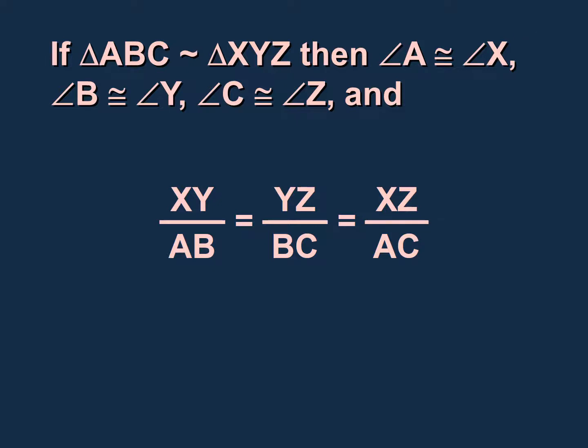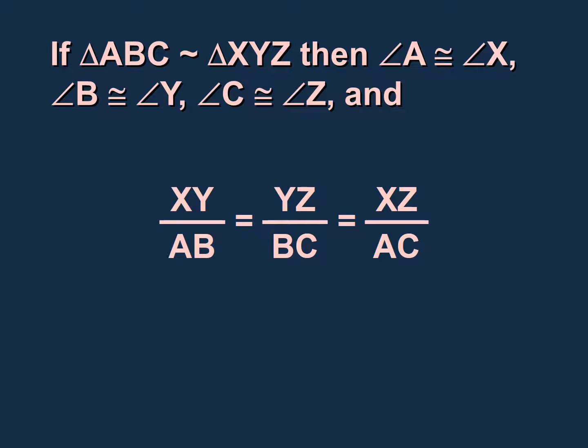So A has to be congruent to X, B has to be congruent to Y, and C has to be congruent to Z. So order matters. Those angles are going to be congruent. Now, the sides are not going to be congruent, but the proportions of the sides are going to be congruent.